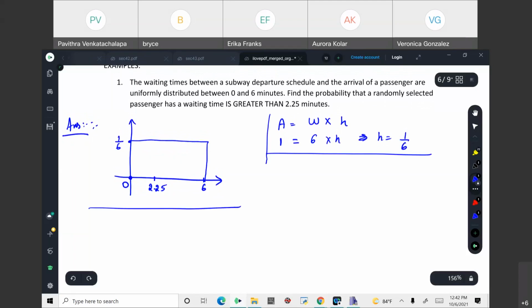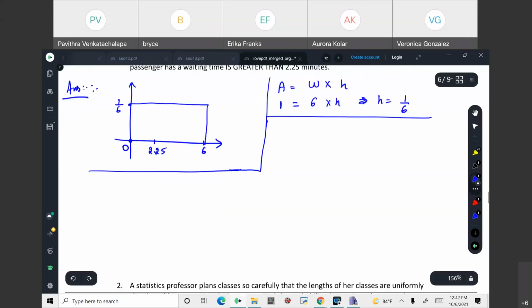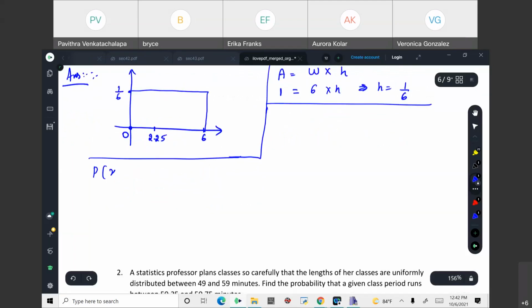Okay. Now, the actual question, find the probability of x greater than 2.25. So you need to find the probability in this area. When it says greater, you have to move it to this side. So how do you find this?